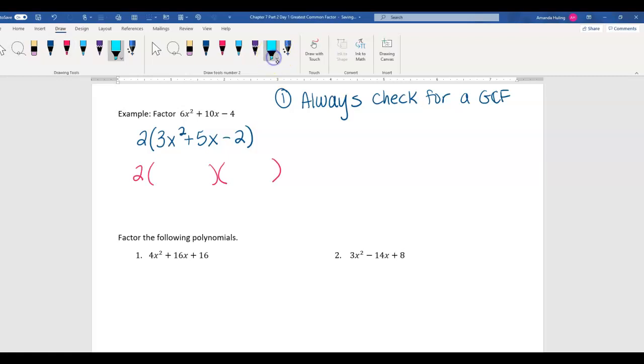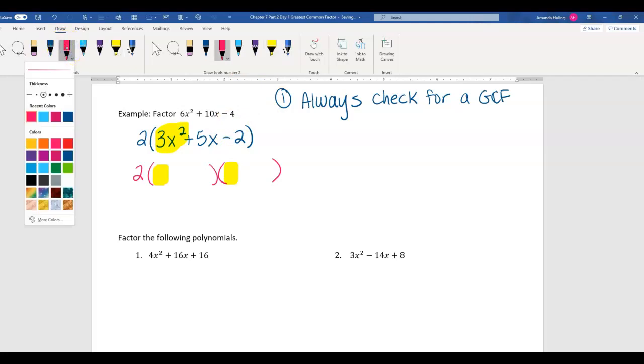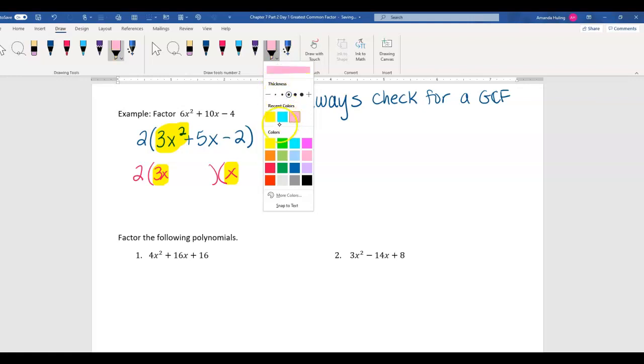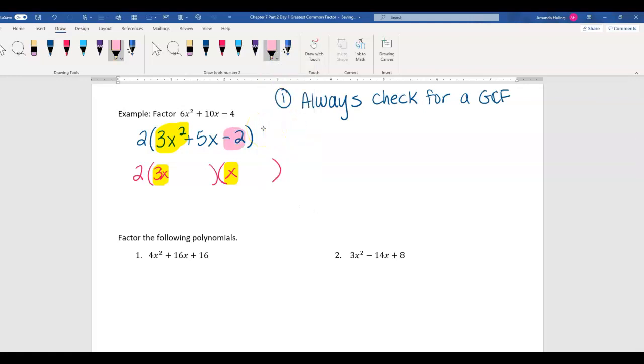Now, let's go back to that first situation we had. These yellow spots have to multiply to 3x squared. So I only have one option, and that's 3x and x, and I'm not going to move those. Okay, and then I have this negative 2 back here. So I know that this spot times this spot has got to be 2.